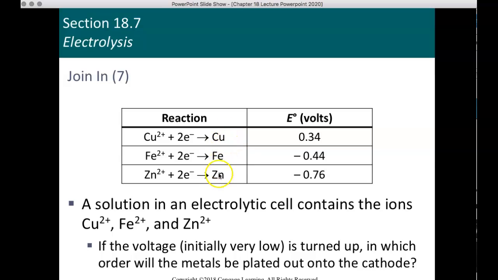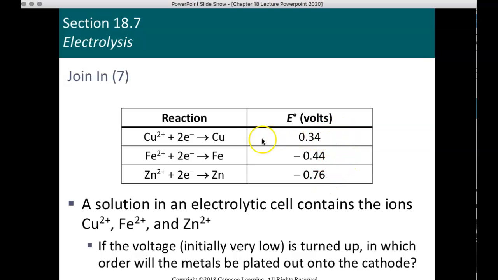Okay, so these are reduction potentials. The more negative the voltage, the less likely this is going to take place, and the more energy it's going to need to make it take place. The more positive the voltage, the more likely it is to take place. So if you start out at a low voltage, they're going to plate out in order of voltage from the most positive to the most negative.